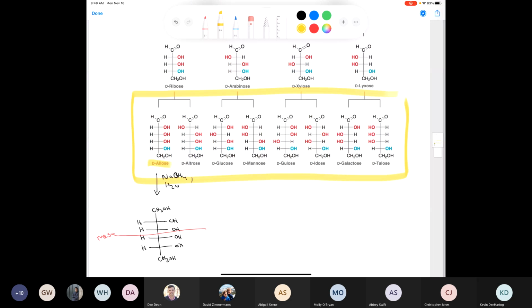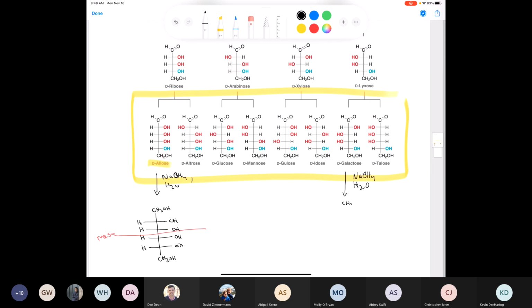It's not going to be idose, because if you reduce idose, you're not going to have a plane of symmetry running down the molecule. What about galactose? If I do the same thing with galactose, if I treat that with sodium borohydride and water, what do I get?